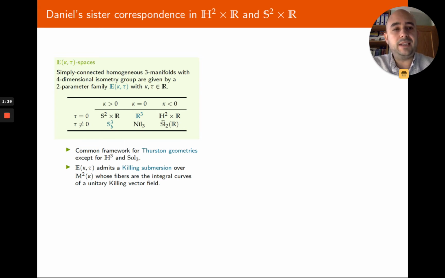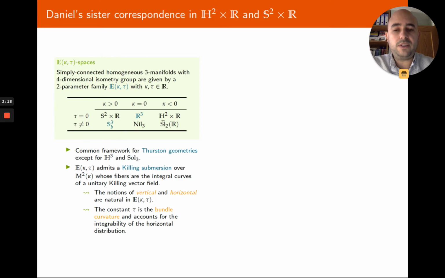This means that there is a Riemannian submersion from E(κ,τ) onto the surface M²(κ) of constant curvature κ, whose fibers are the integral curves of the Killing vector field. In this case, there are very well-defined notions of vertical and horizontal in E(κ,τ): vertical is anything tangent to the fibers, and horizontal is anything orthogonal to the fibers.